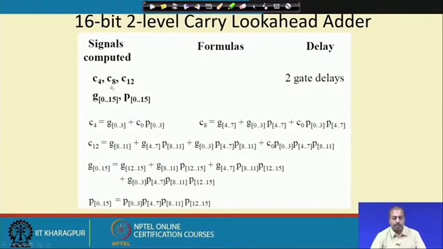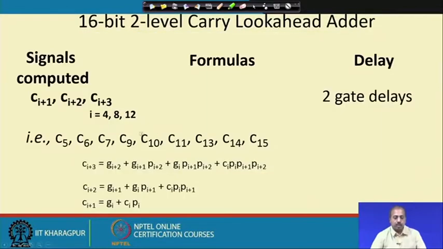So, for C4, C8 and C12, we will have 2 gate delays. For G0 to 15 and P0 to 15, that will also have 2 gate delays. Now, for CI plus 1, I plus 2, I plus 3, for I equal to 4, 8 and 12, they will see 2 gate delays. If you look into this expression, you will see how many gate delays are necessary.